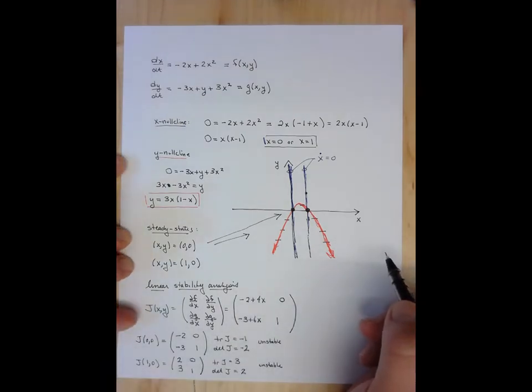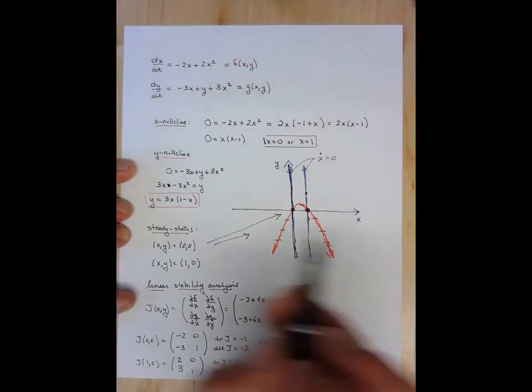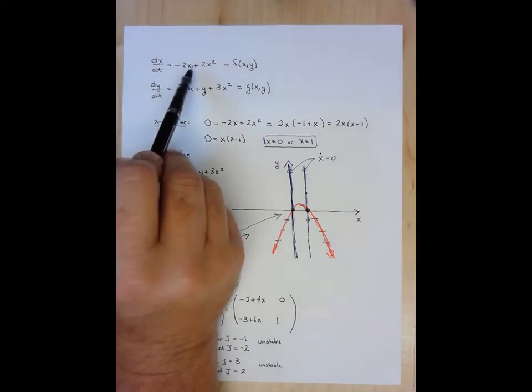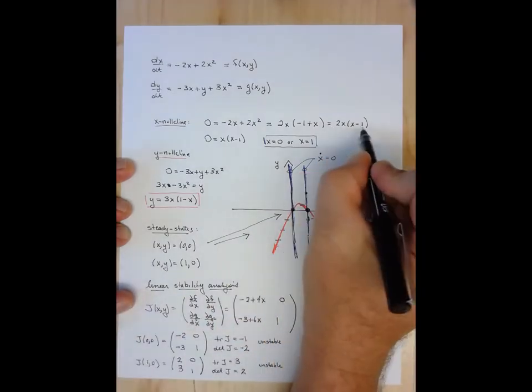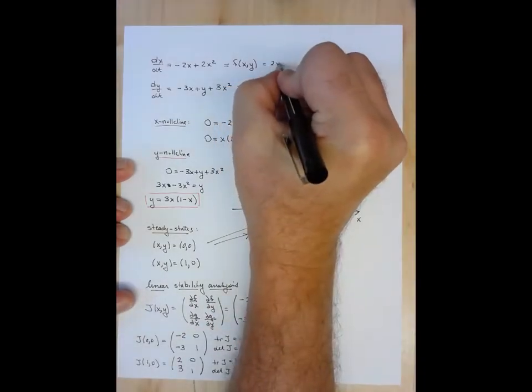Now, can we figure out the actual direction that things would be moving in the various quadrants? That's not too difficult. So the right-hand side of this differential equation, -2x plus 2x squared, is equal to 2x times (x minus 1).